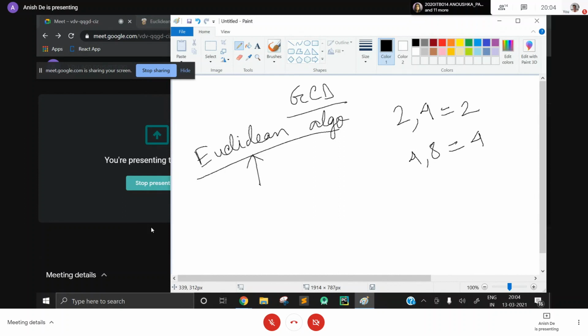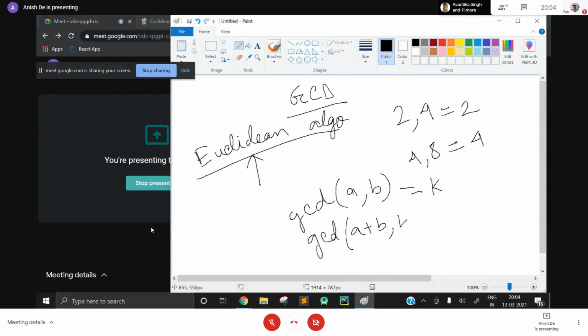What the Euclidean algorithm says is that if GCD of A and B equals K, then GCD of A plus B, comma B will also be equal to K, because it's pretty obvious.